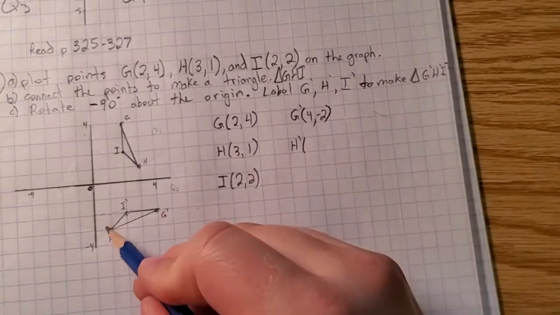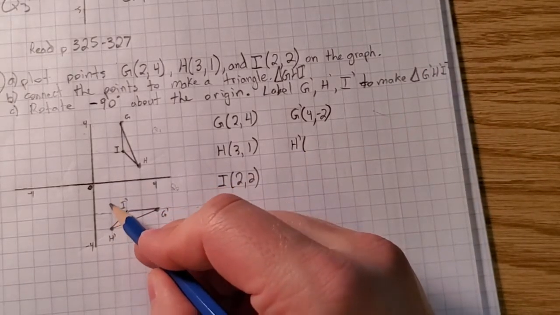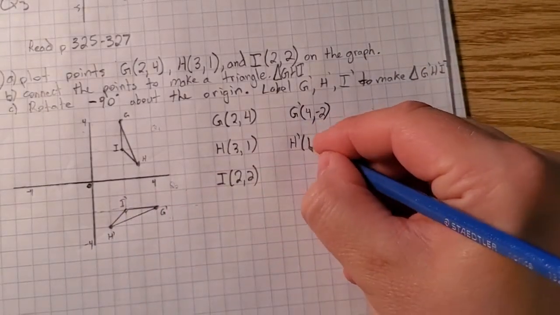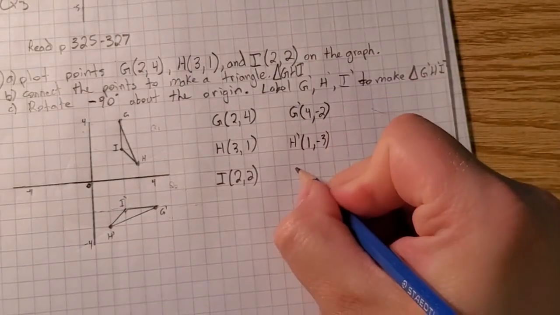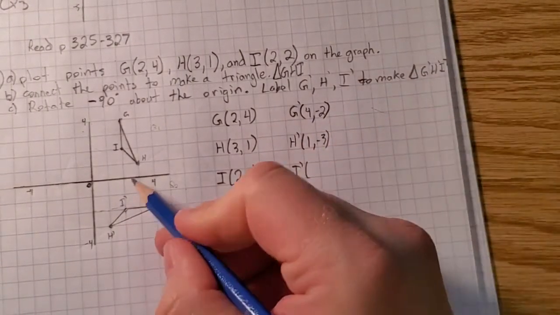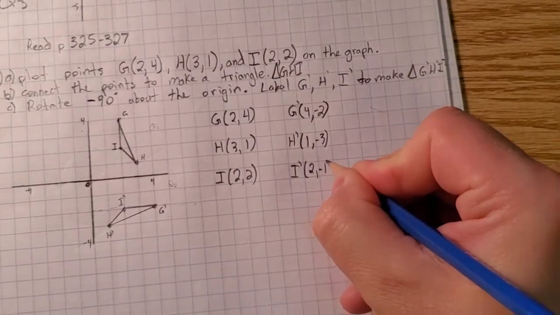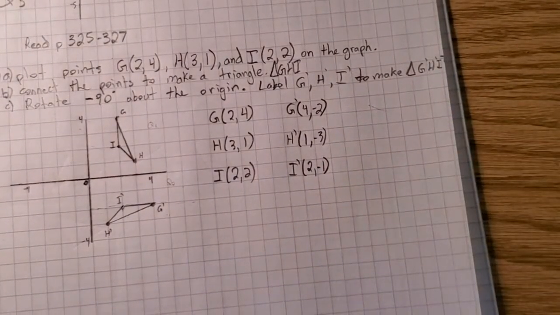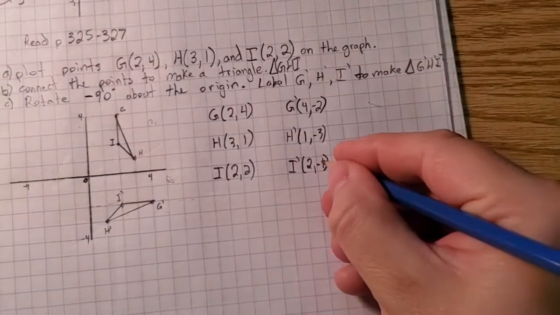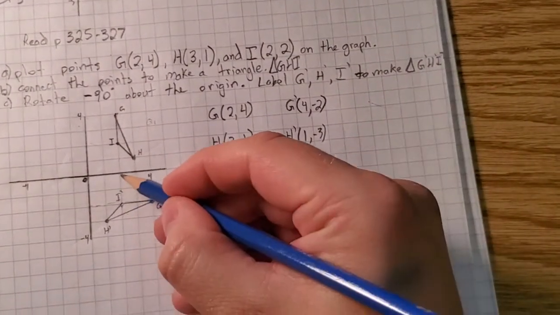Now let's look at this. H is now at 1 and negative 3. H prime. I prime is at positive 2 and negative 1. I meant to say 2, negative 2, right? It's negative 2.